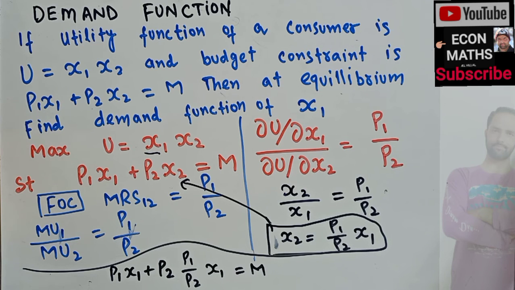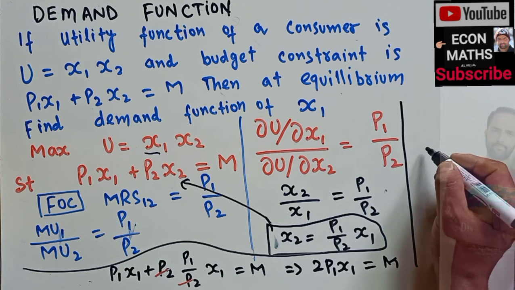Here p2 and p2 get cancelled, so we get p1 x1 plus p1 x1, which becomes twice p1 x1, should be equal to m, which gives us x1.